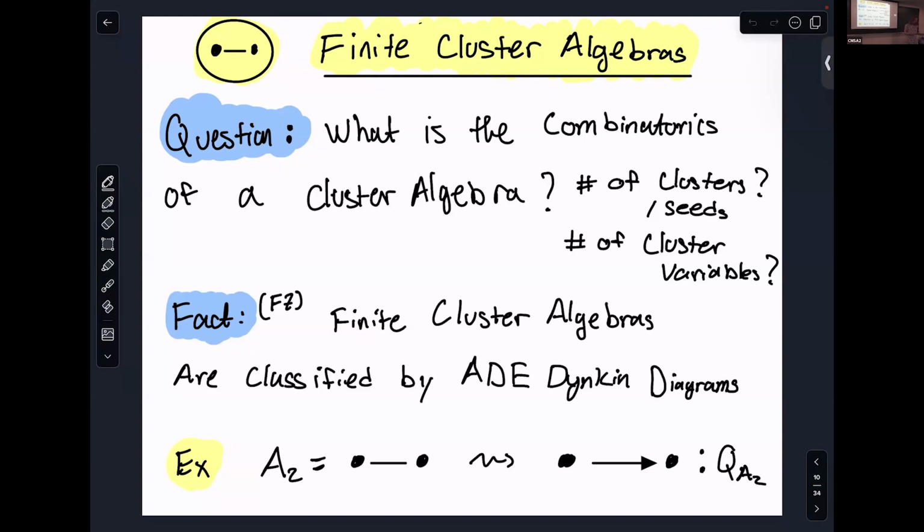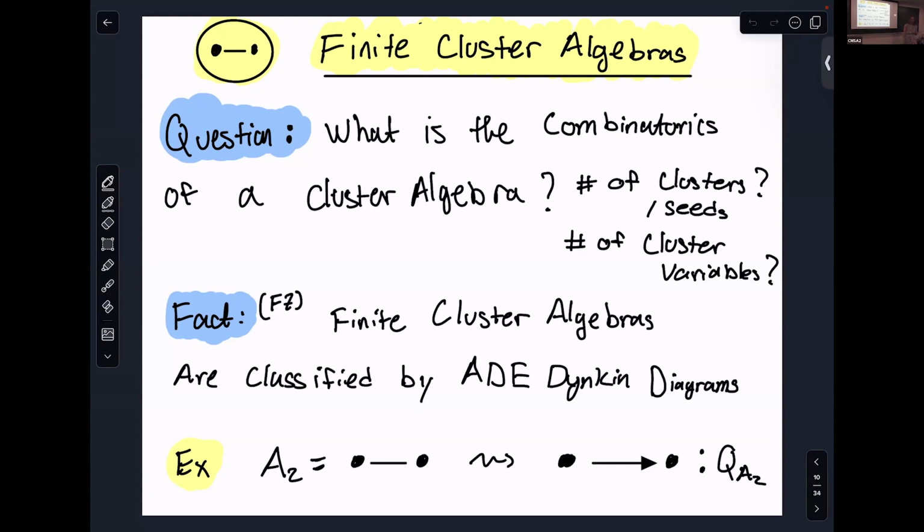The important fact here, proved by Fomin and Zelevinsky, is that finite cluster algebras are exactly classified by ADE Dynkin diagrams. So a cluster algebra has finitely many clusters, seeds, cluster variables, and so on, if and only if there is an orientation of an ADE Dynkin diagram in its mutation class.